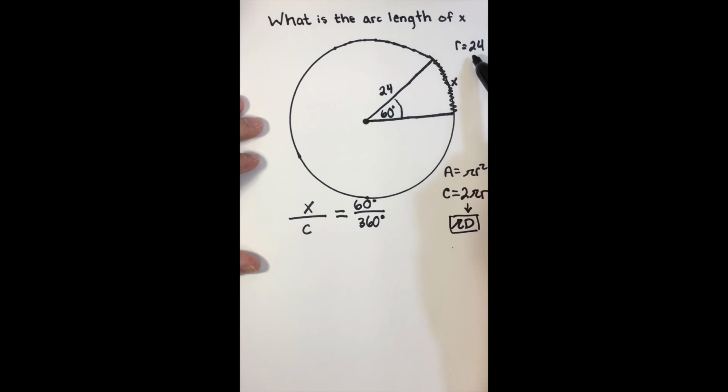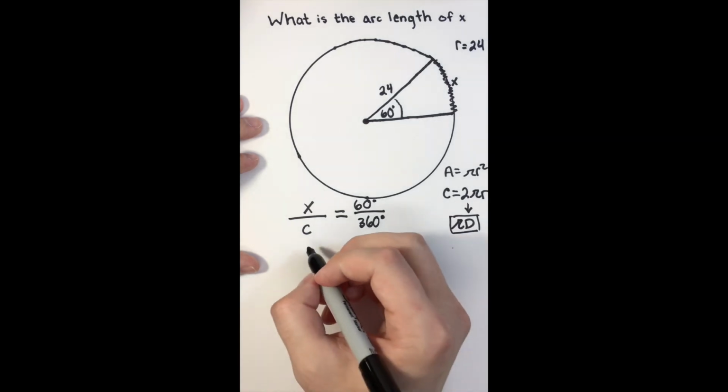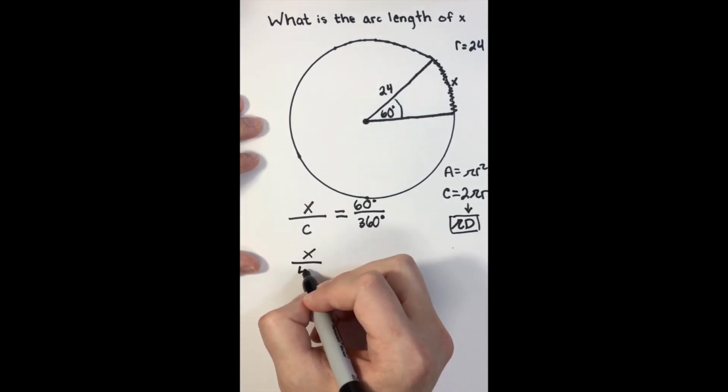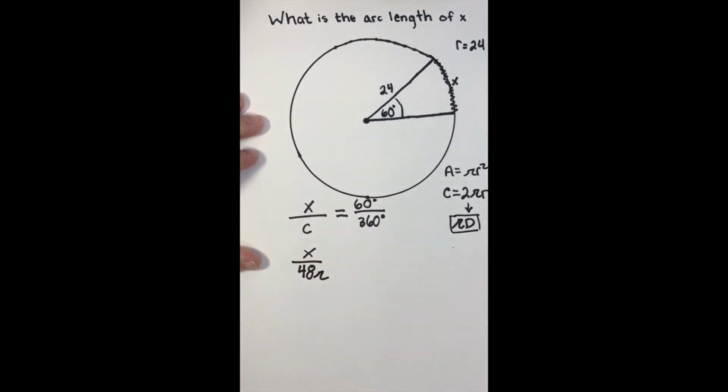So if my radius is 24, that means my diameter is going to be 48, okay? So what that means is I'm going to put x over 48 pi. Because what I did is I put a 48 in for my diameter, and then I just leave this pi here, okay?